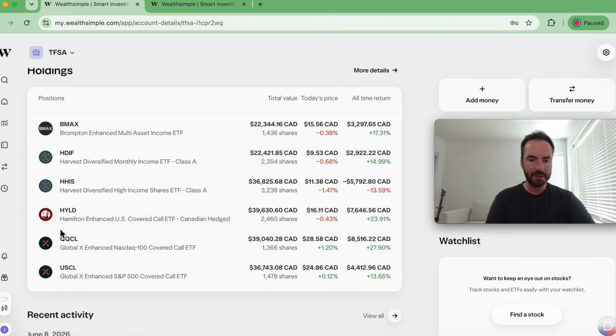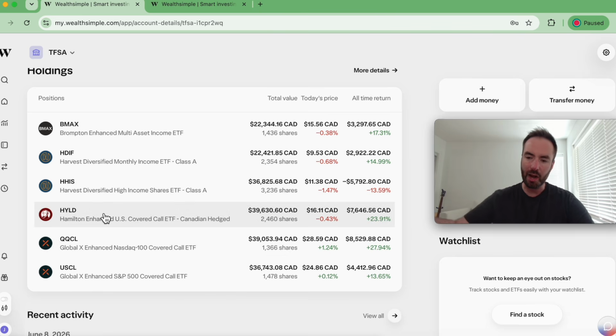Now, some of these ETFs in here, what you're going to notice is there's a lot of all-in-ones in here, and that's by design. We got some index funds: USCL, 25% leverage on the S&P 500, and QQCL, 25% leverage on the NASDAQ. We got HYLD.